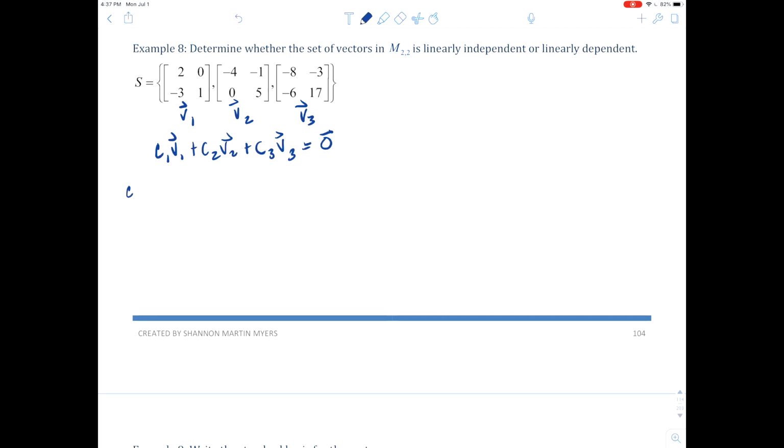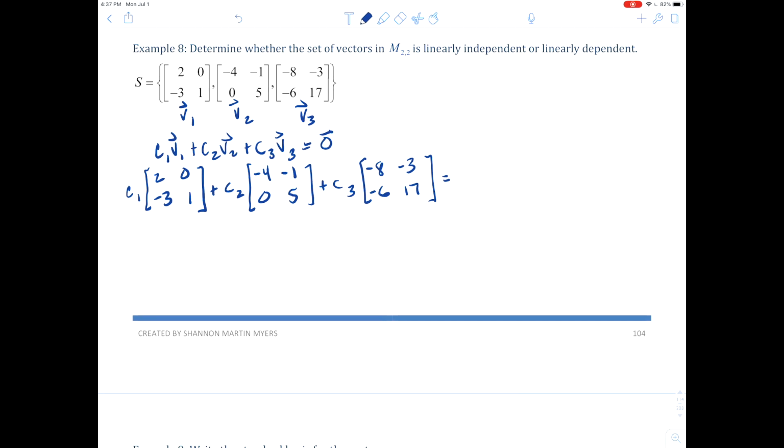So that would give us C1 times (2, 0, negative 3, 1) plus C2 times (negative 4, negative 1, 0, 5) plus C3 times (negative 8, negative 3, negative 6, 17) equal to the 0 vector for R2.